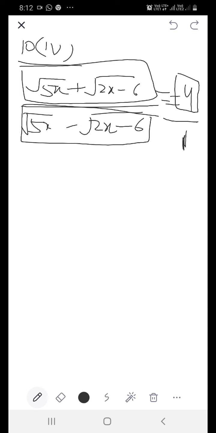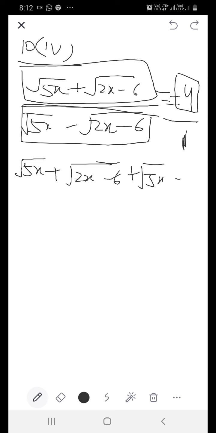Once you have written it into the form a upon b is equal to c upon d, now you will use componendo and dividendo. And to use componendo and dividendo, I'll add up the two terms. This is your a, so it will be a plus b, which is under root 2x minus 6.